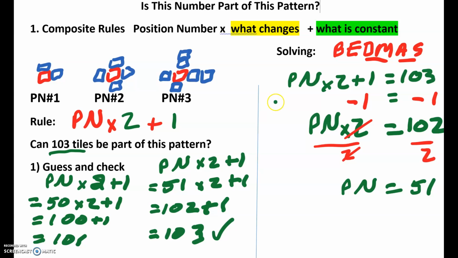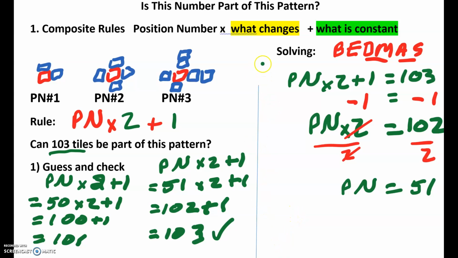We create a full expression equal to the number of tiles. And in this case, we removed in reverse BEDMAS: we undid the plus 1 that was acting on our position number by subtracting 1, and then we were able to divide away the multiplier of 2, dividing each side by 2, getting our position number of 51. So 2 ways we can check if a number fits our pattern.